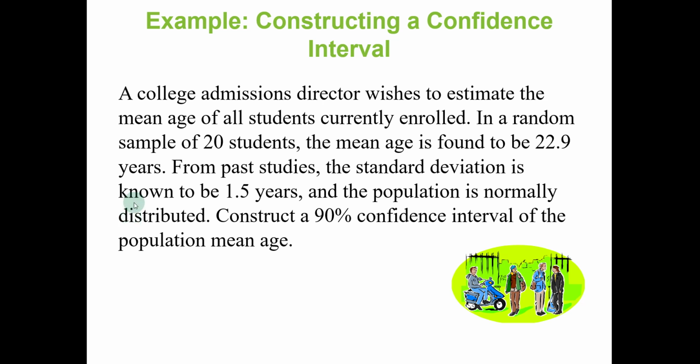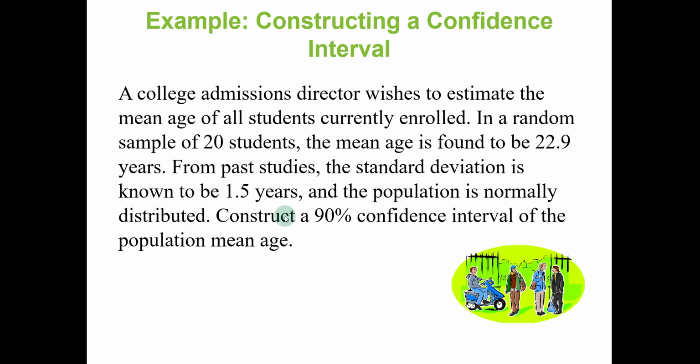In this case, we've been told that in a random sample of 20 students, your n is 20, so it is less than 30. The mean is given, and the standard deviation is known to be 1.5 years. So we know the population standard deviation, and you can use that formula to calculate your margin of error. The confidence level is 90.